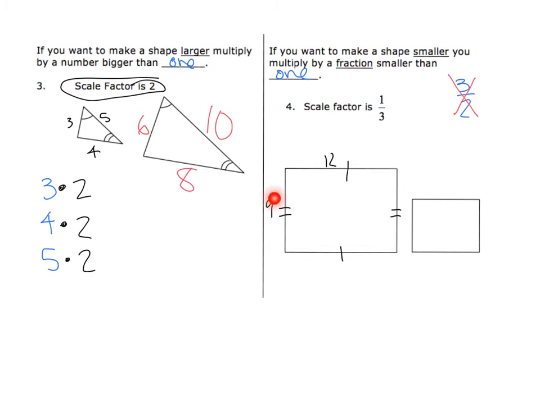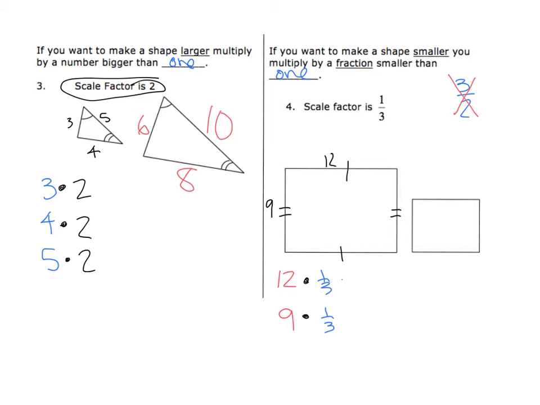We have a rectangle, and we're given that one side is 9, and the other side is 12, and we're going to use the scale factor of 1/3. So we're going to take the original value of 12, and the original value of 9, and we're going to multiply it by our scale factor, which is 1/3.